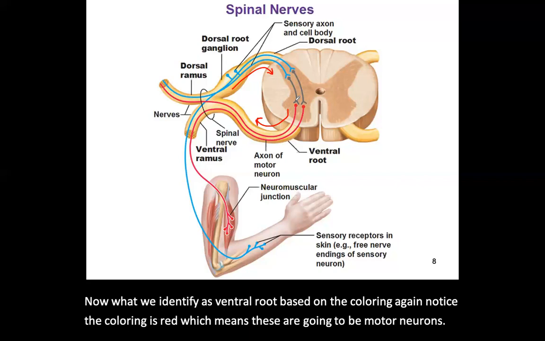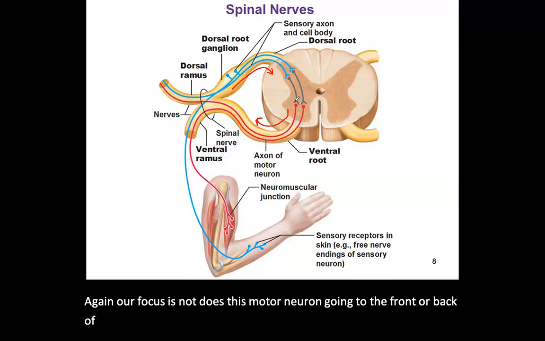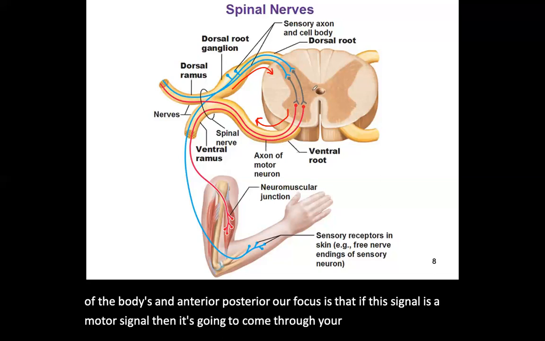Again, our focus is not whether this motor neuron is going to the front or back of the body, anterior or posterior. Our focus is that if this signal is a motor signal, then it's going to come through your ventral root.